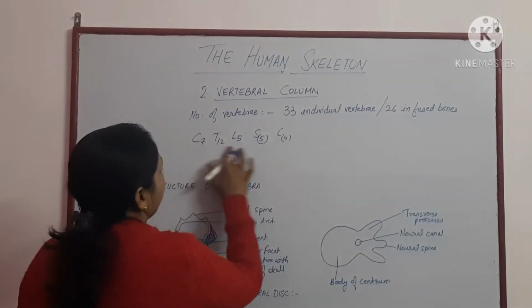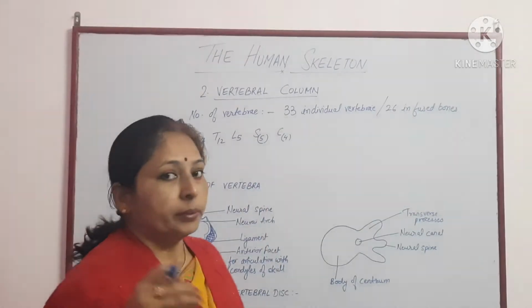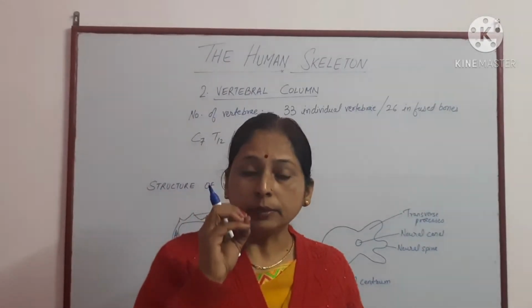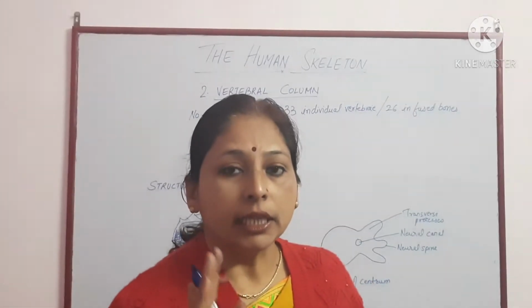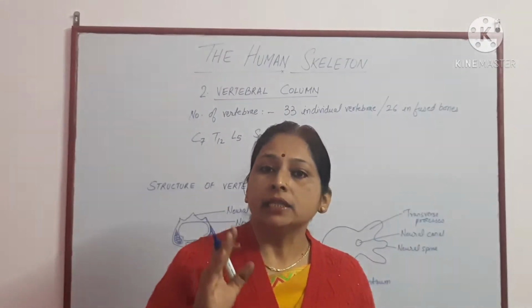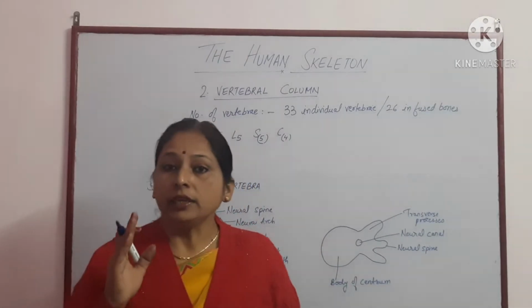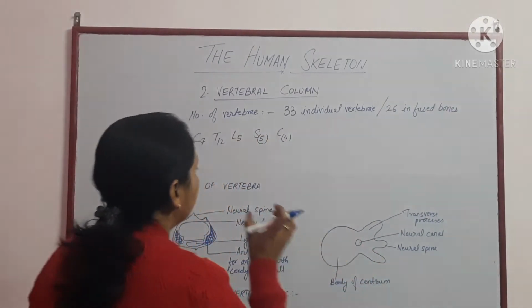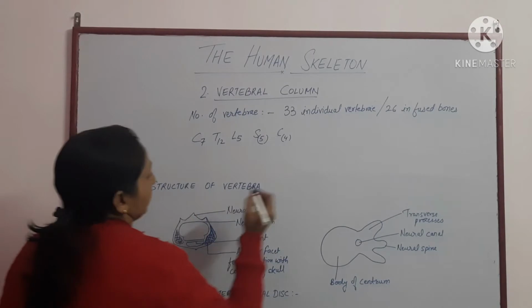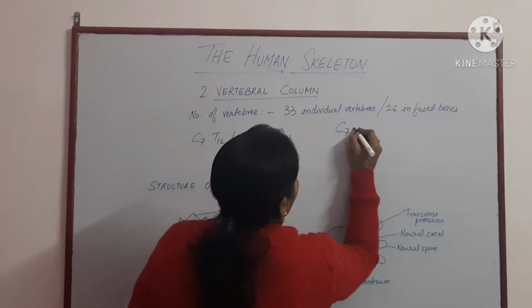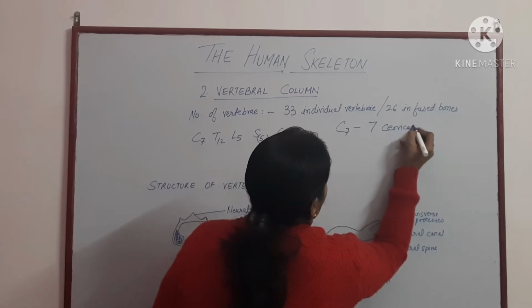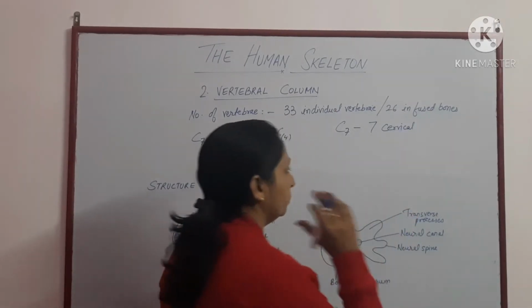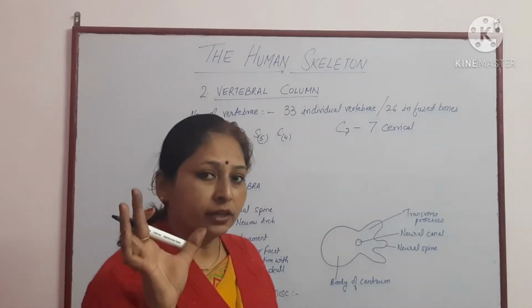Here I have written a formula to memorize the number of vertebrae. It is C7, T12, L5, S5 and C4. Now what does this represent? C7 is for 7 cervical vertebrae, which are basically in the neck region.